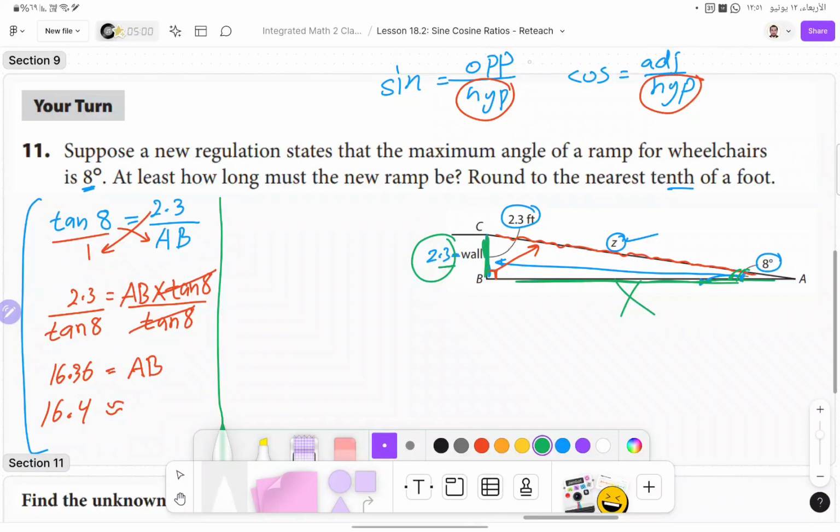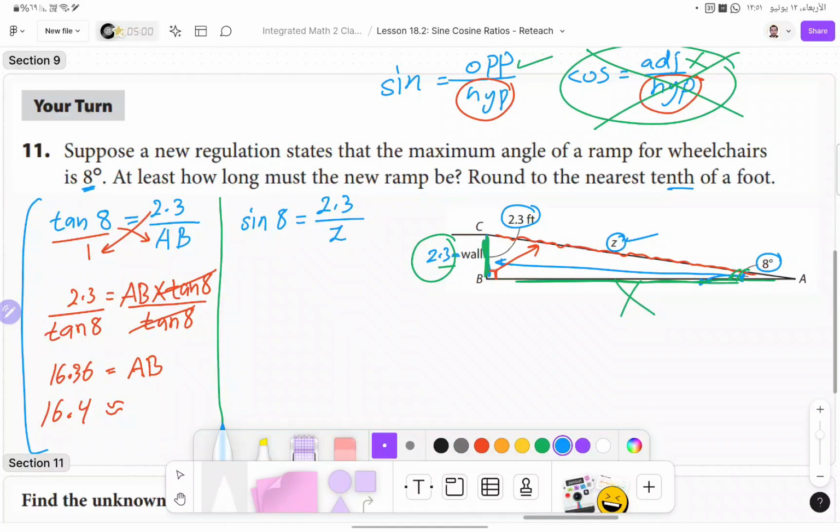So I can't use cosine because the adjacent is not given. The opposite is given, so I have to use sine. So now let's use the sine ratio. Sine of the angle 8 equals the opposite side, which is 2.3, over Z, which is the hypotenuse.